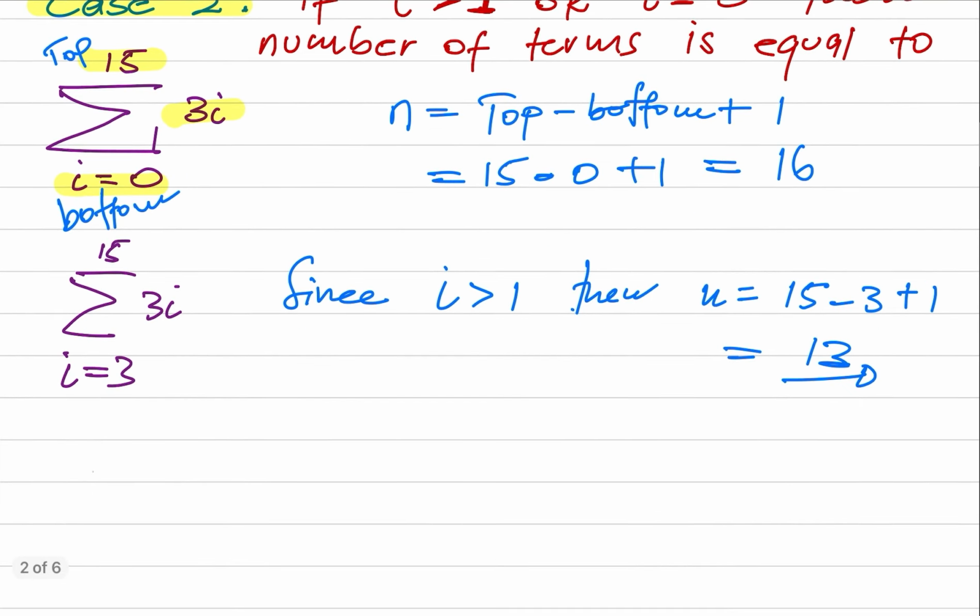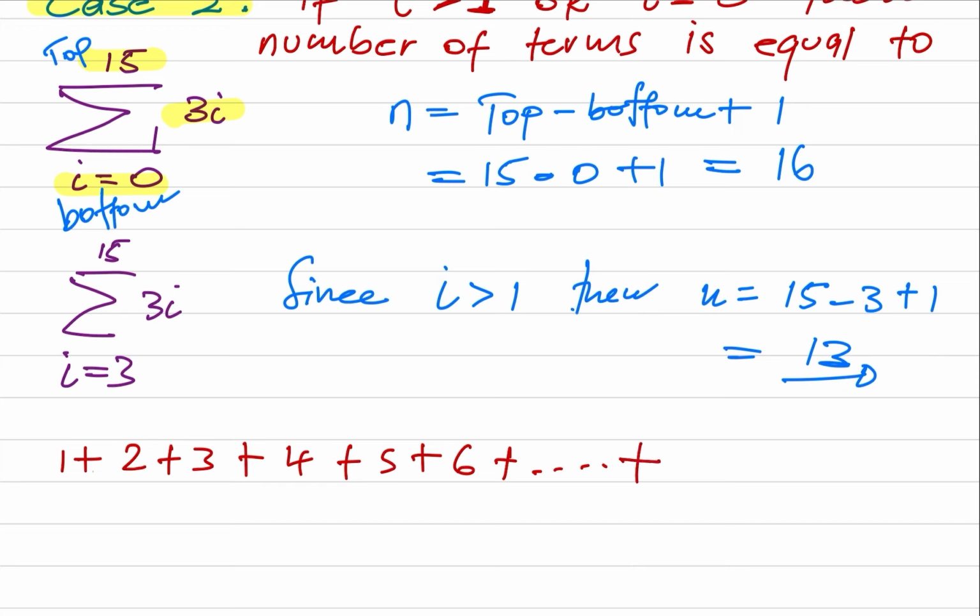And we can just confirm this by doing this. Let me say we had something like this: 1 plus 2 plus 3 plus 4 plus 5 plus 6, and so on, 10 plus 11 plus 12 plus 13, all the way up to 15 there. Now they say our position is how much?